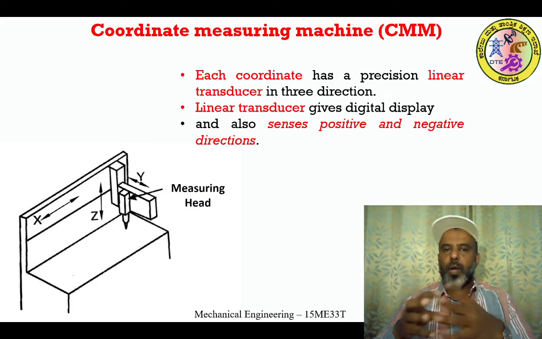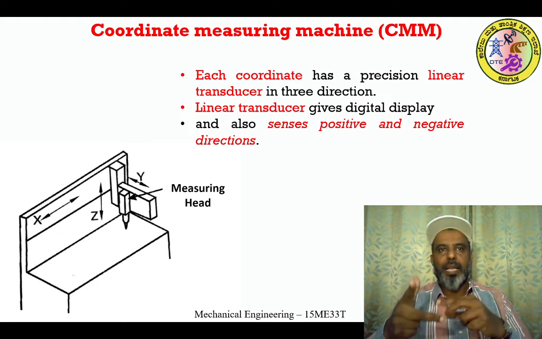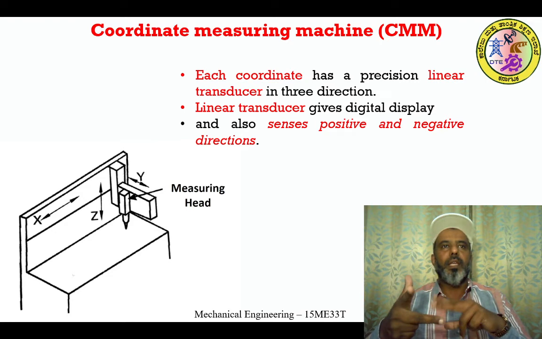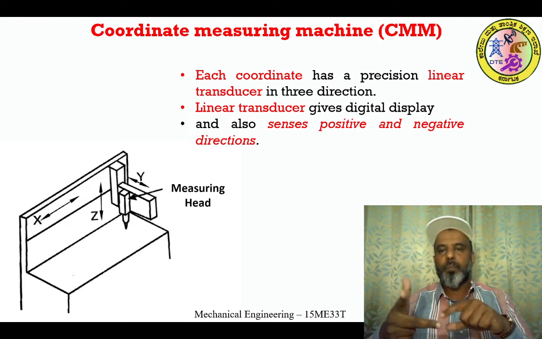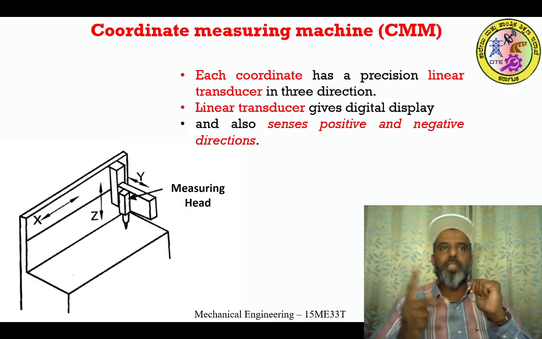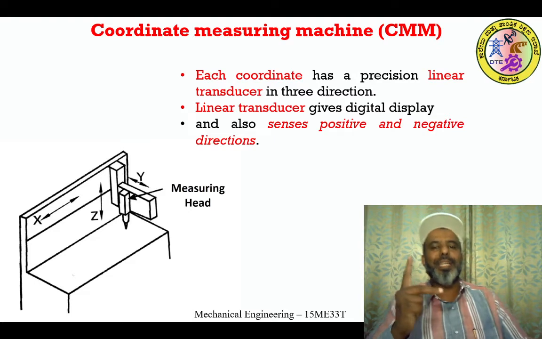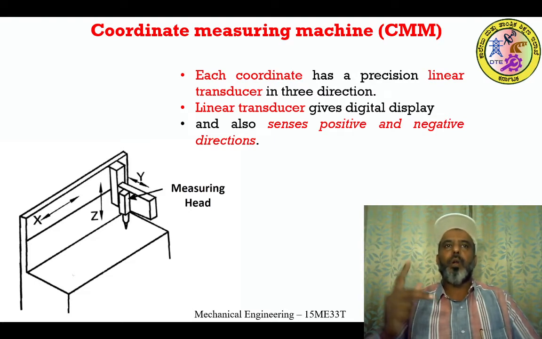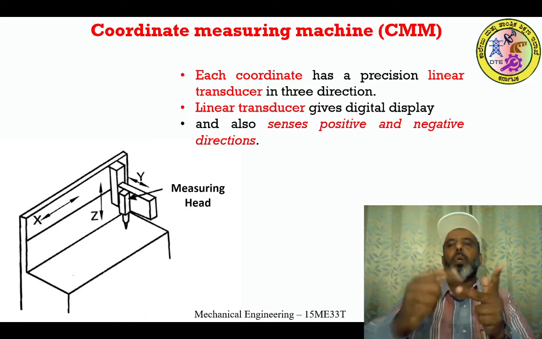Therefore, a coordinate measuring machine has three mutually perpendicular axes which can be controlled in directions. Also, on these three axes, linear transducers are mounted, and these linear transducers give the digital display and also sense the positive and negative directions.